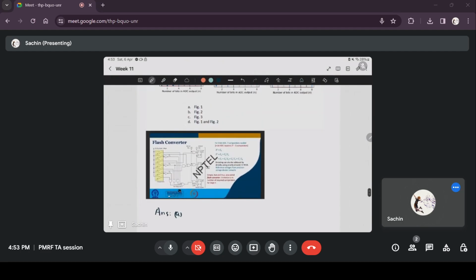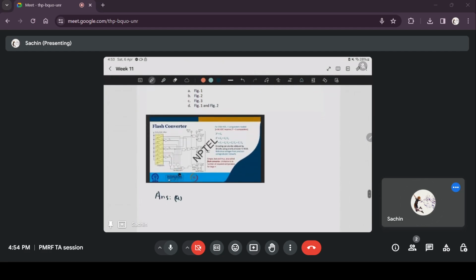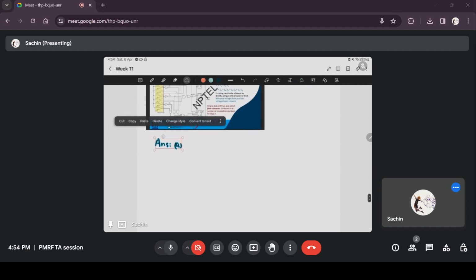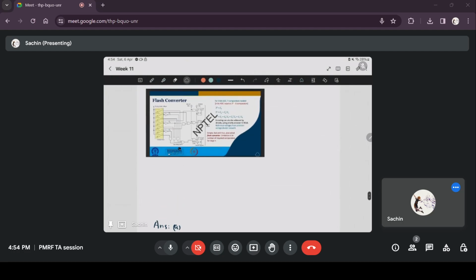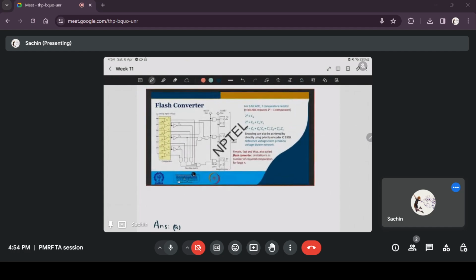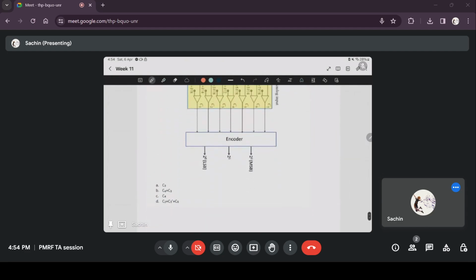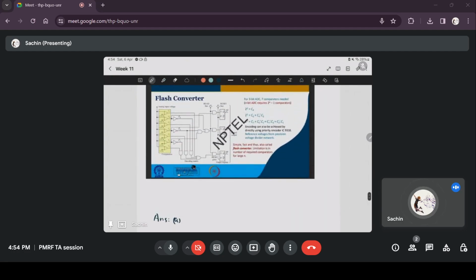So we saw this flash converter circuit here. And you can see here that 2 squared is just C4.